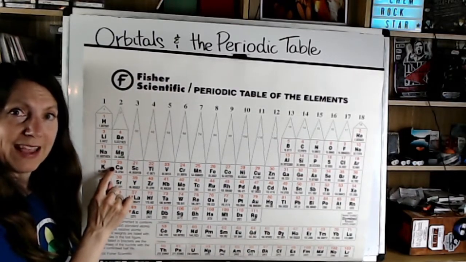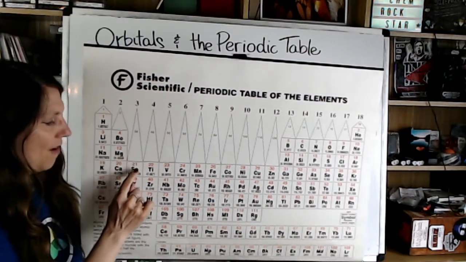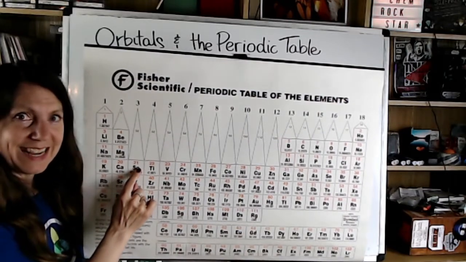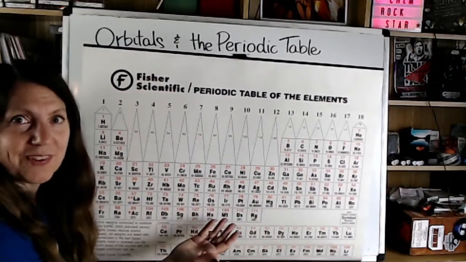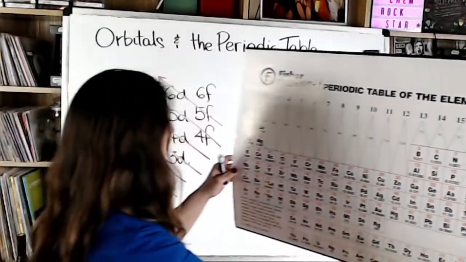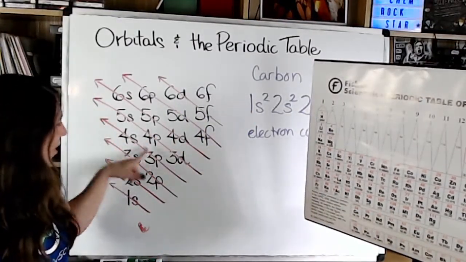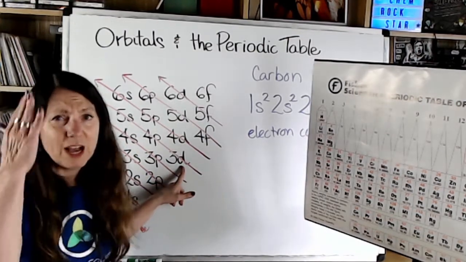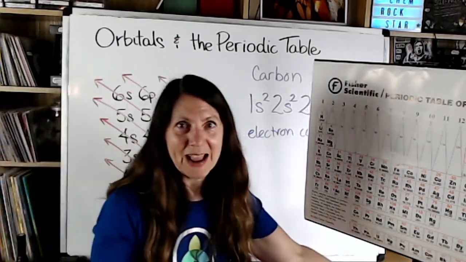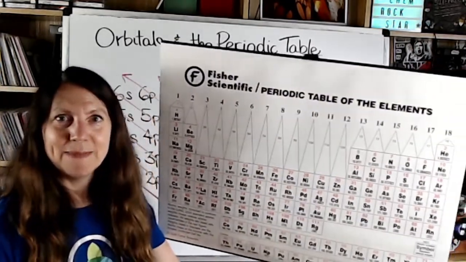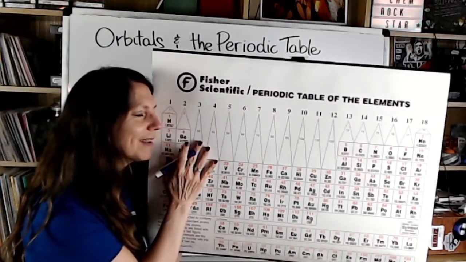We see on the periodic table the 4s orbital is filled first, followed by 3d. It's right here on the periodic table. We don't need to draw out all this mumbo jumbo and go, oh, 4s is filled before 3d, I better memorize that. No, you just need a periodic table. It's all there for you. Isn't that amazing? I love you, periodic table.